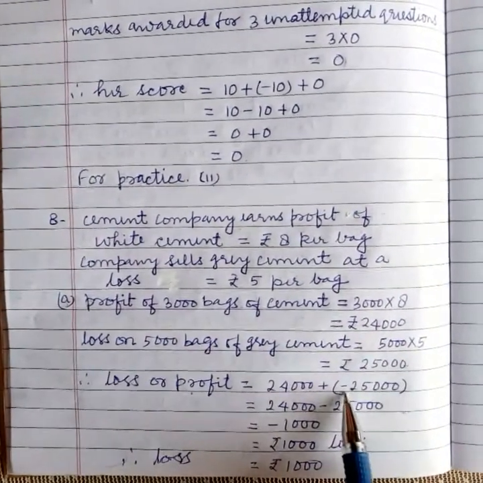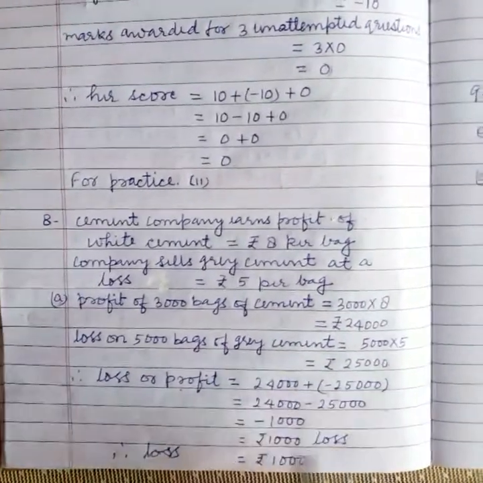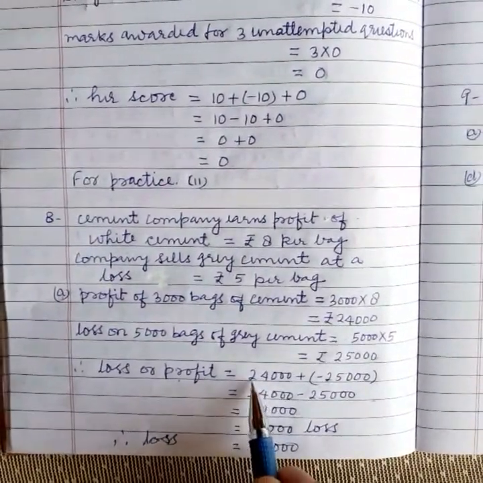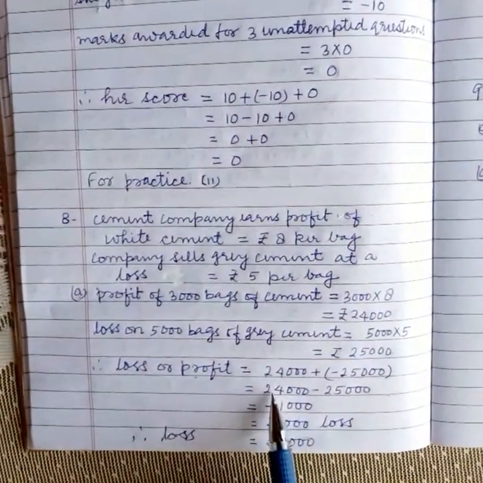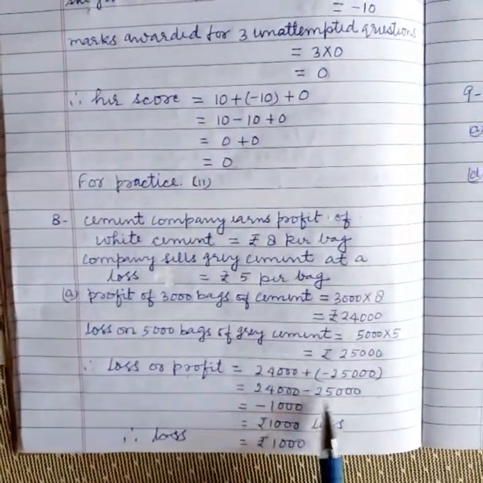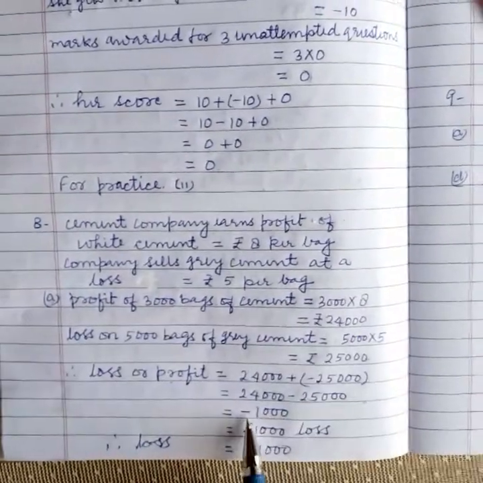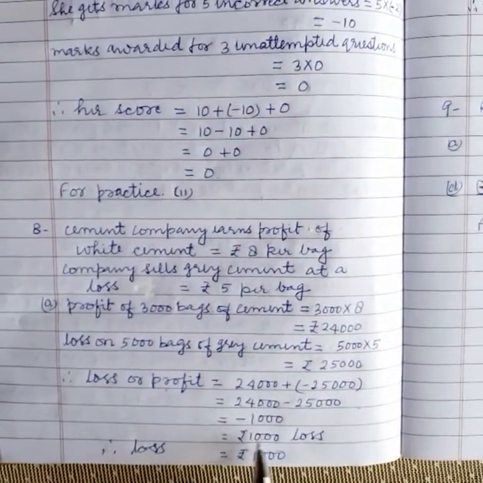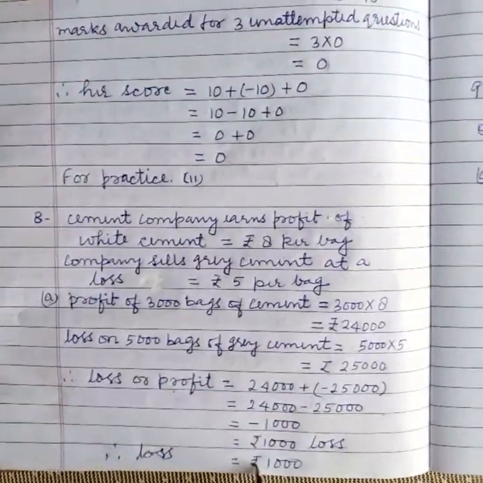Here loss will be represented by negative integer and profit will be represented by positive integer. So 24,000 minus 25,000 is equal to minus 1,000. Here this negative sign shows that there is a loss of rupees 1,000. Therefore, loss is equal to rupees 1,000.